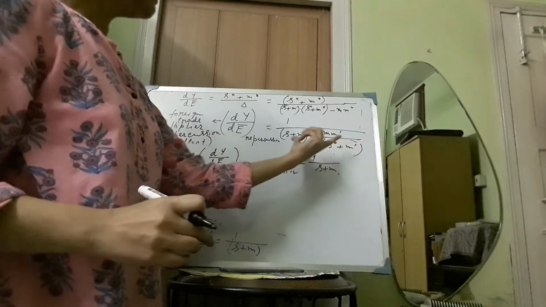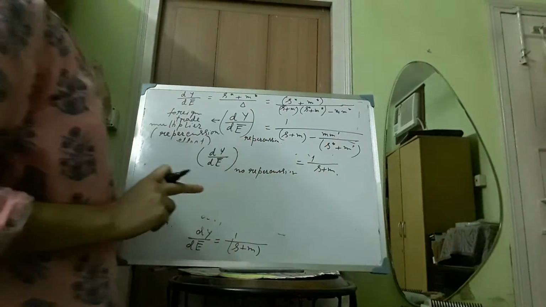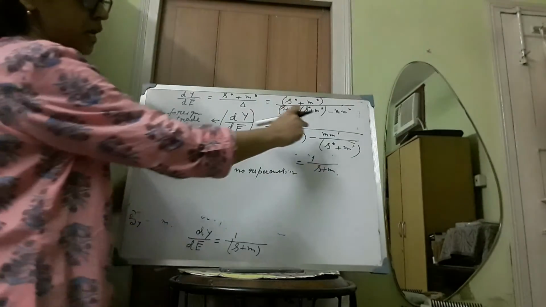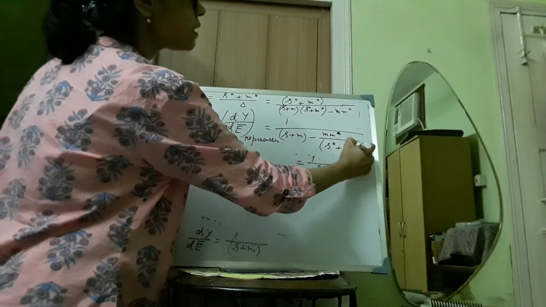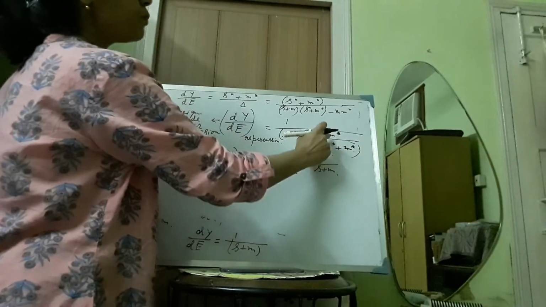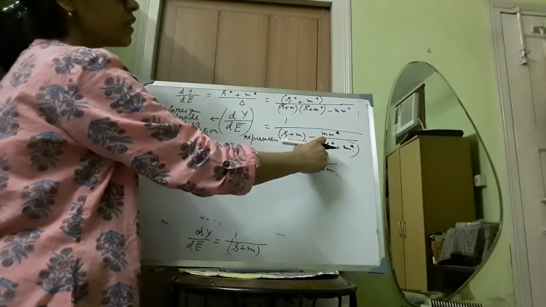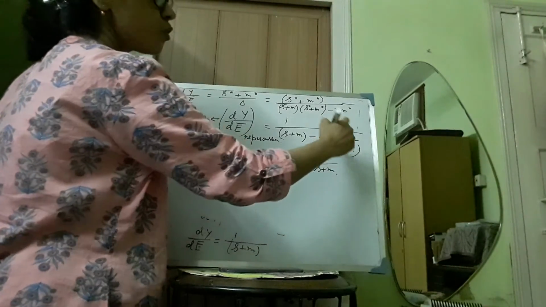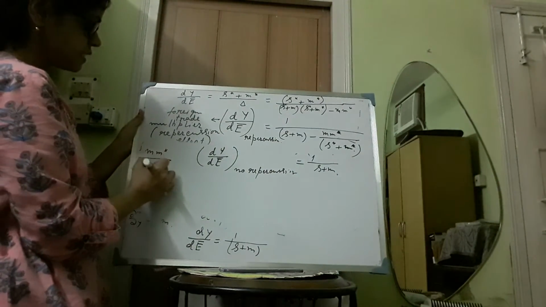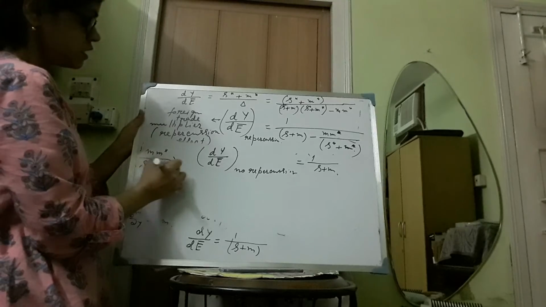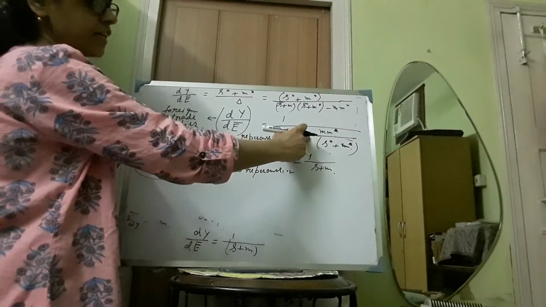Which term is greater in value? Here this term is in the denominator and there is a negative sign here. What is m? m is the marginal propensity to import of the domestic country, m star is the marginal propensity to import of the foreign country, and s star is the marginal propensity to save of the foreign country. Therefore this whole term m star over s star plus m star is positive in value, and this term is in the denominator but there is a negative sign here.